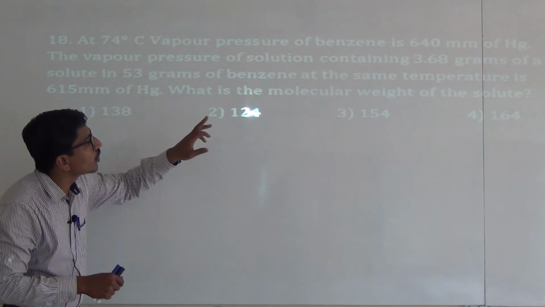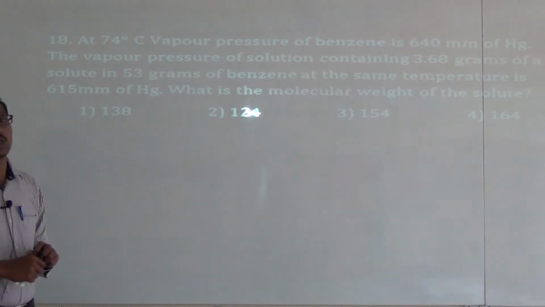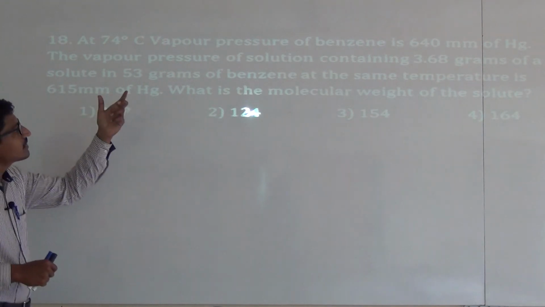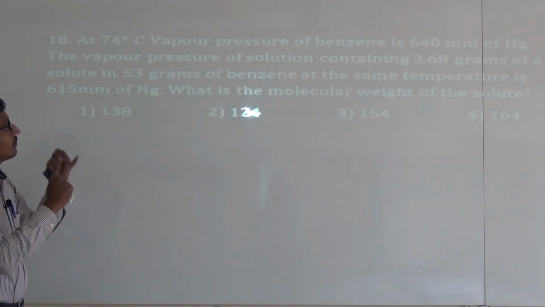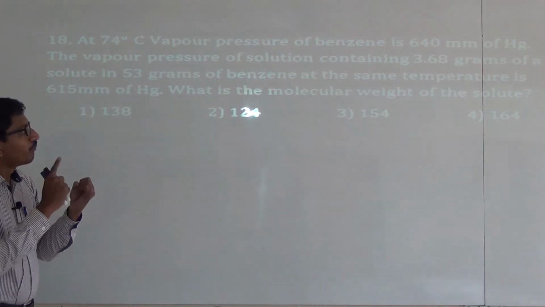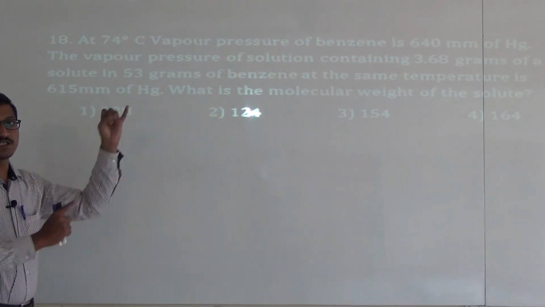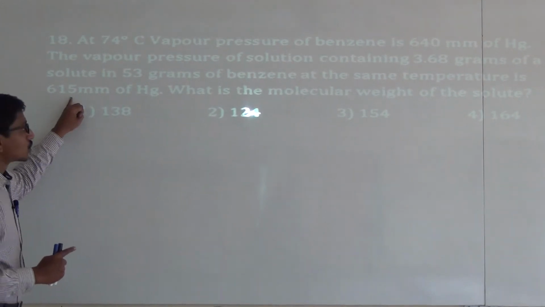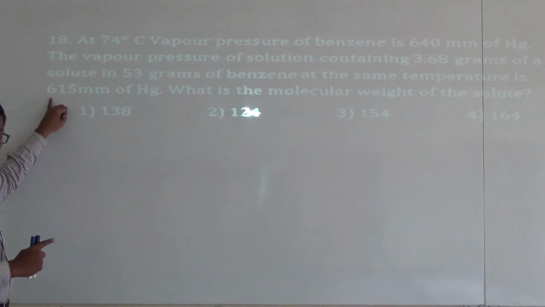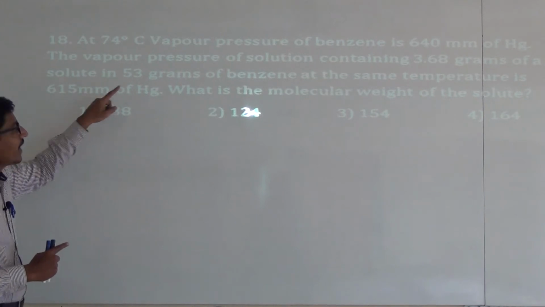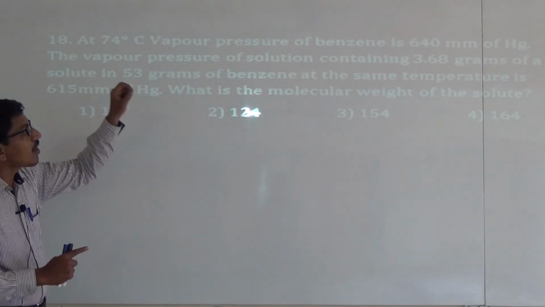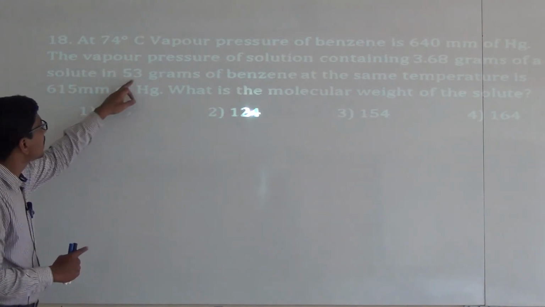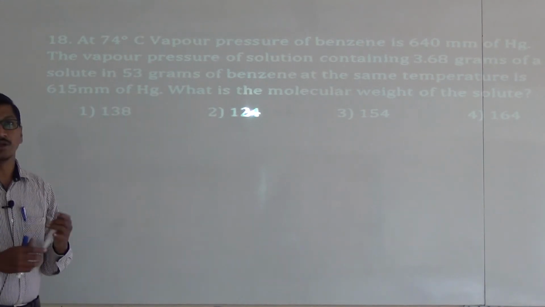What is the molecular weight of the solute? From the given data, the vapor pressure of pure solvent benzene is 640 mm of Hg and the vapor pressure of the solution is 615 mm of Hg when 3.68 grams of non-volatile solute is dissolved in 53 grams of benzene.